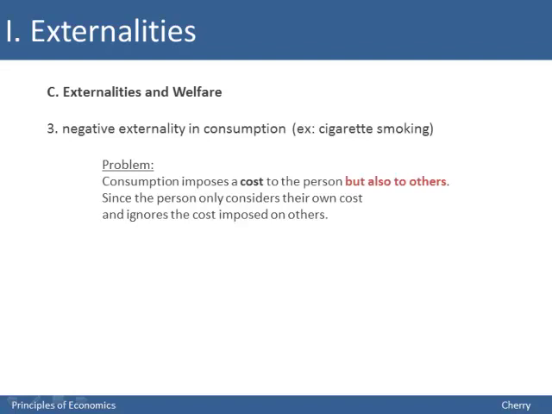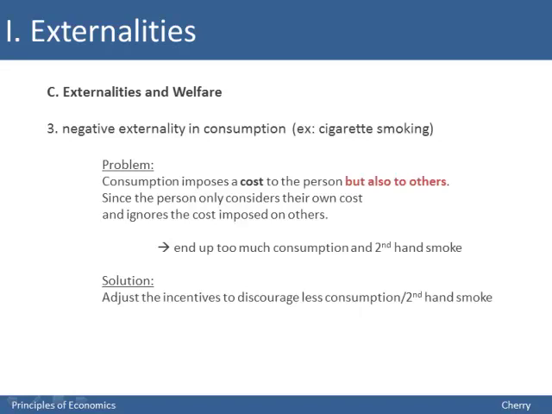But the person smoking will tend to only consider the costs and benefits that affect them individually. They're going to ignore the cost that is imposed on others. So what this leads to is that there's too much consumption and too much secondhand smoke.